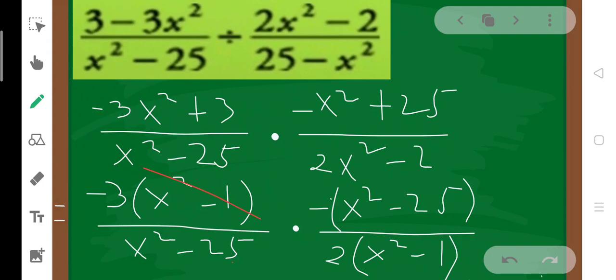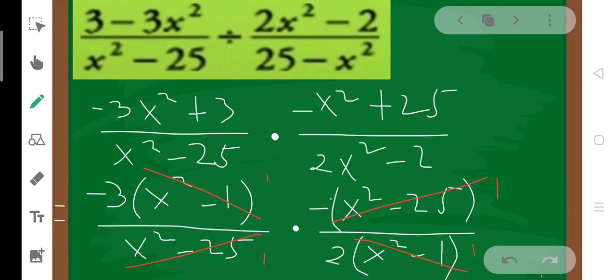So this becomes 1, as I'm going to divide x squared minus 1 by x squared minus 1 becomes 1. This is also 1. And I also have, in the numerator, x squared minus 25. Divide x squared minus 25 becomes 1. We also have x squared minus 25 here. Divide x squared minus 25, that becomes 1.